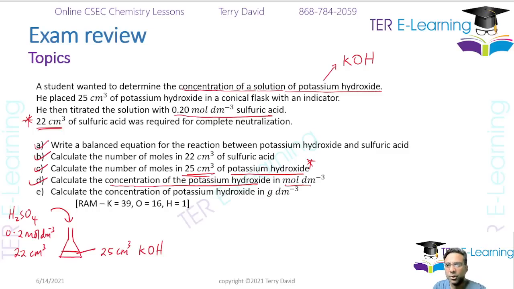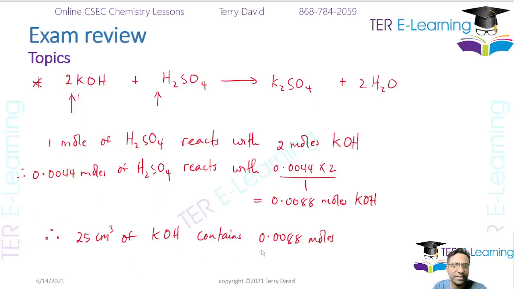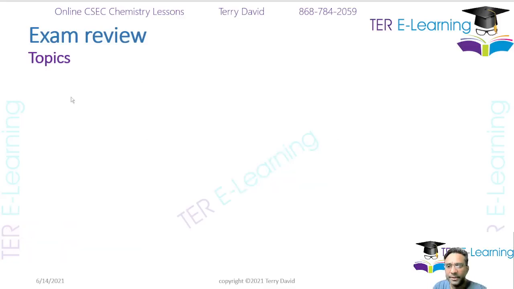So all we need to do, you're almost there, because you know that in 25 cm3 you have this amount of moles. So all you need to do is to work out for 1000. So that's part D. So 25 cm3 of KOH contains what you just got, 0.0088 moles.